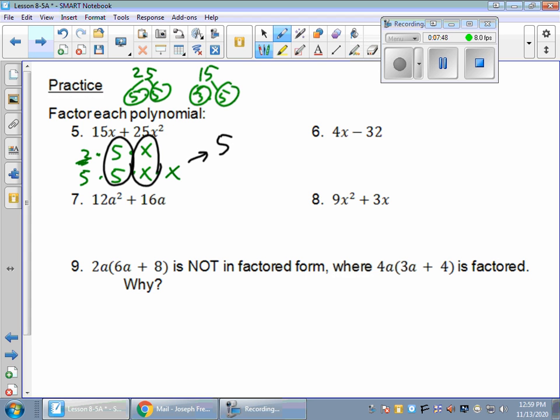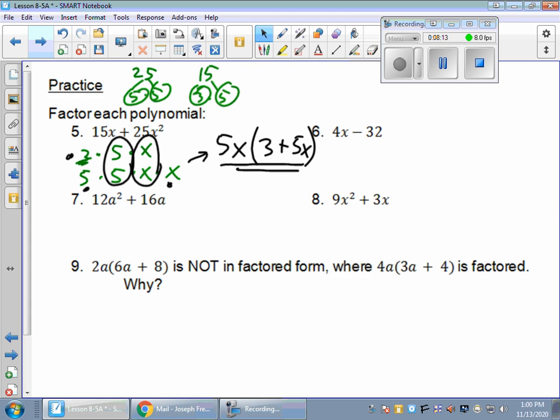So 5x is on the outside. What is left on the inside is a 3. 3 from here, and then over here is a 5x. So you put a plus there because there wasn't a minus, so plus 5x. So this right here is the factored expression. And if you go back to the previous slide, you would see that's what we started with.